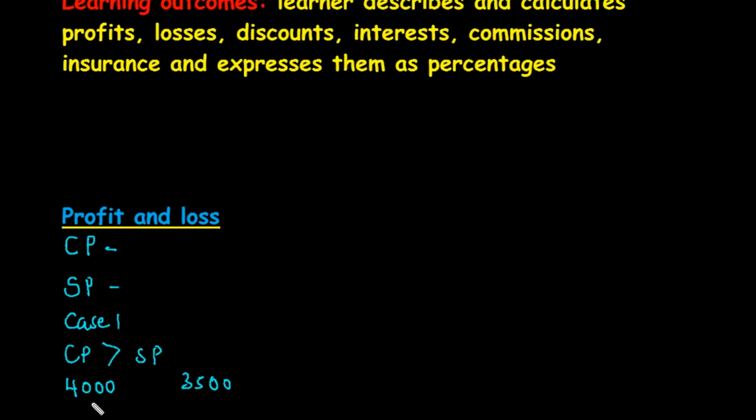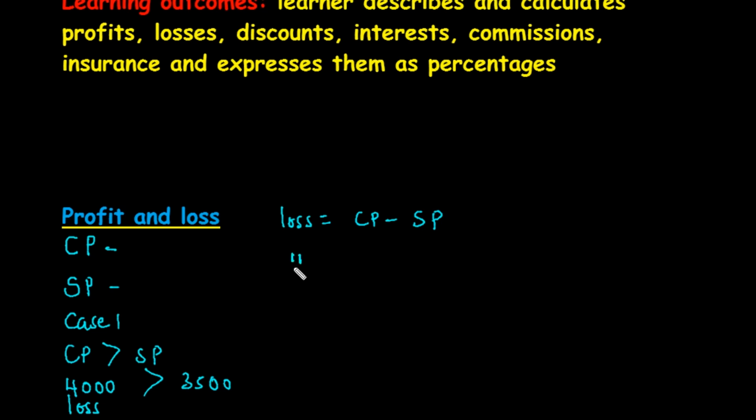What does that mean? Cost price is greater than the selling price. Therefore, the retailer is going to make a what? A loss. And how do we calculate a loss? We calculate a loss from the formula: Loss is equal to cost price minus selling price.